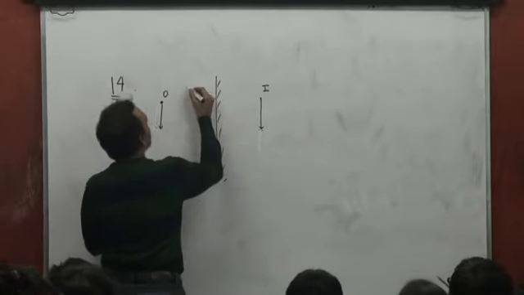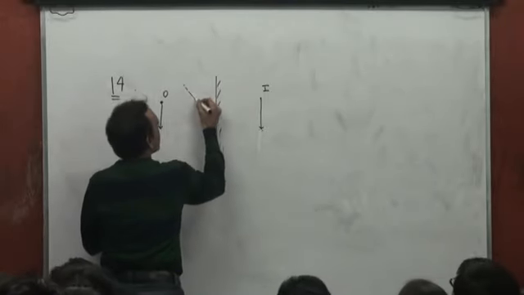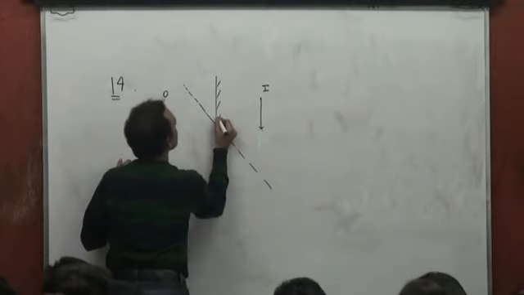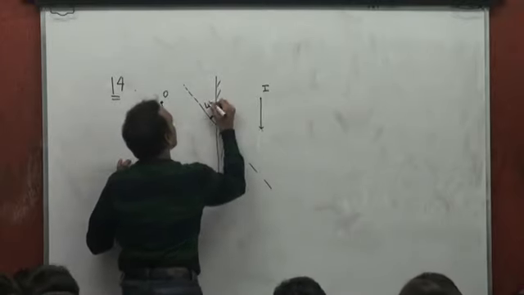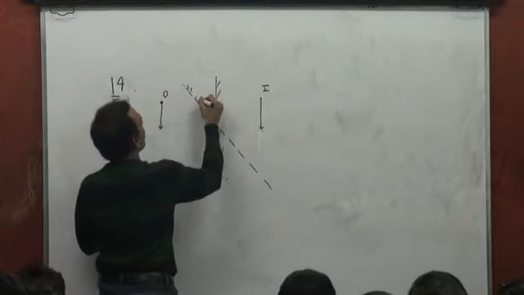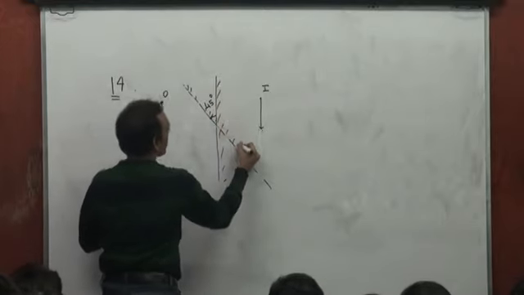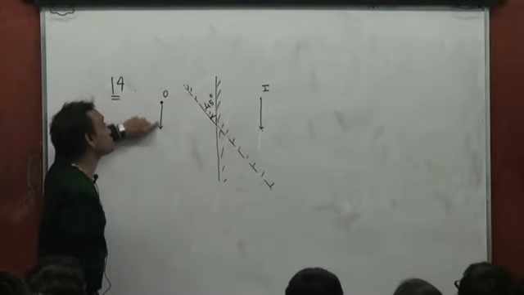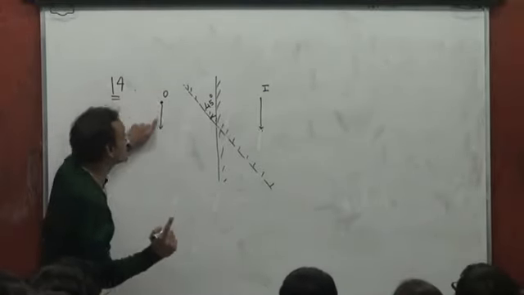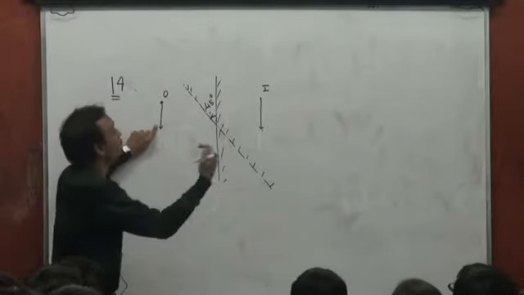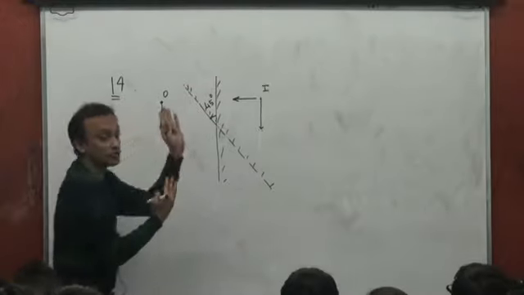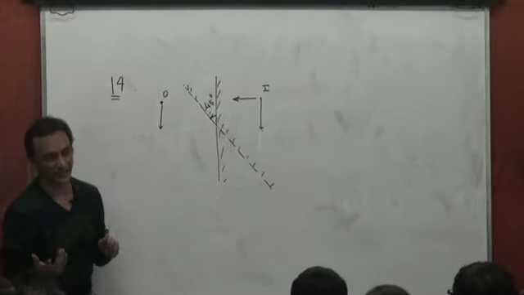If, however, the mirror is rotated by an angle 45 degrees, then despite the fact that the object moves vertically, the image will move horizontally, because the motion of the image would have got rotated by 90 degrees.